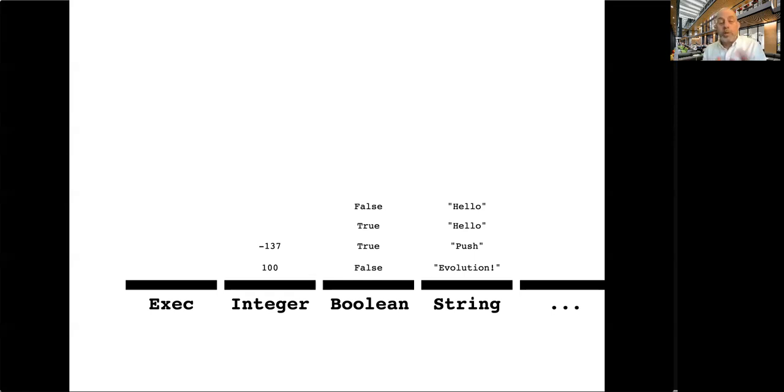So very frequently, suppose you're doing genetic programming for symbolic regression. Since I have integers here, but I don't have floating point numbers here, let's say it's integer symbolic regression. And suppose you are trying to evolve a program that produces for some inputs a particular integer value, then you can just say whatever is on top of the integer stack at the end, that is what I will call the result. And you will evolve programs that leave the correct value on the top of the integer stack, okay?